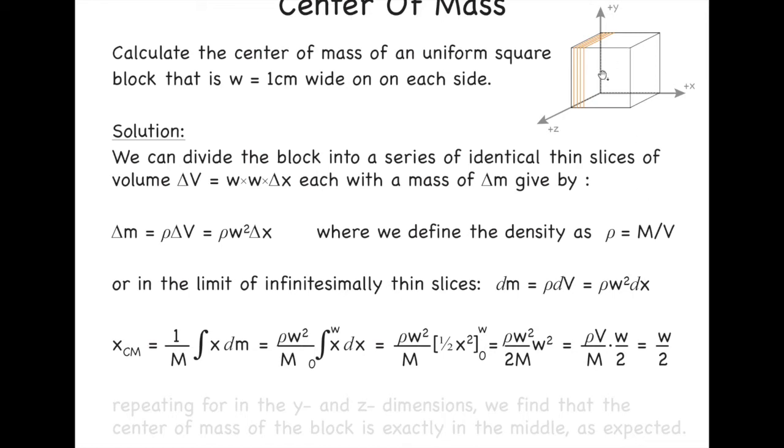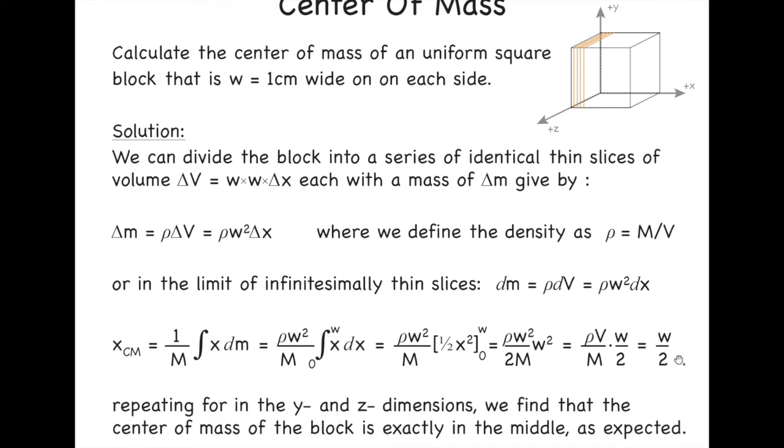So that is a quick derivation of the fact that the center of mass in the x direction is exactly at the halfway point of this cube in x. Now we could repeat this whole process by taking y slices or z slices, and you get the same answer, and you would find that the center of mass is at exactly w over 2 in x, y, and z, right, as expected.